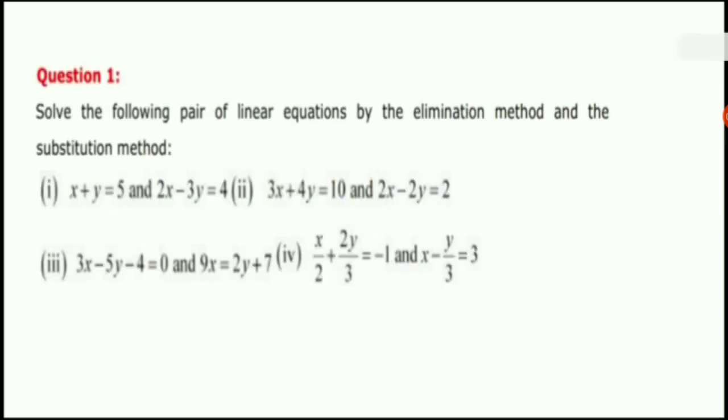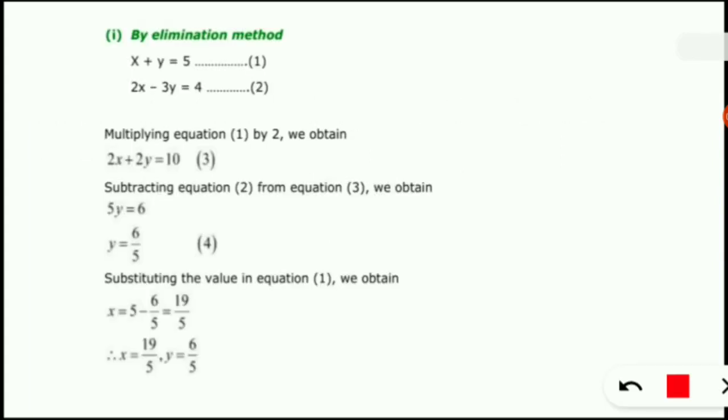Now question number 1. Solve the following pair of linear equations by the elimination method and the substitution method. So the first question is x plus y equal to 5 and twice x minus thrice y equal to 4. So at first we solve by the elimination method.